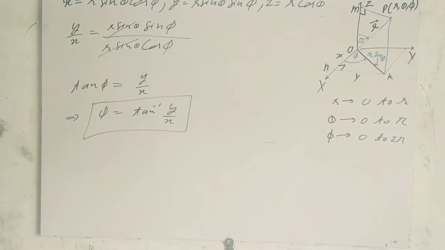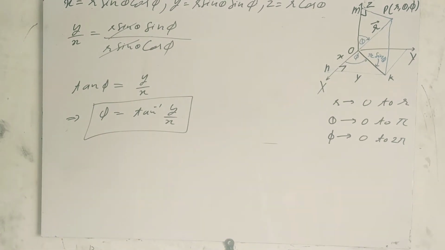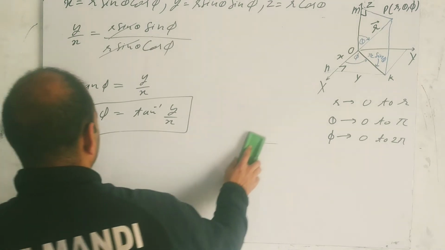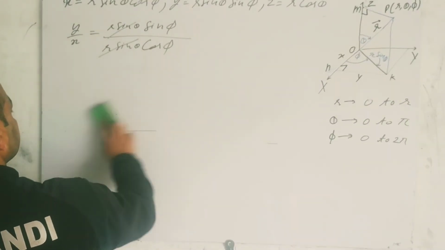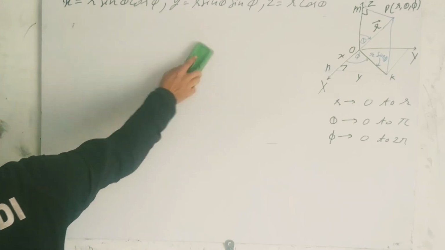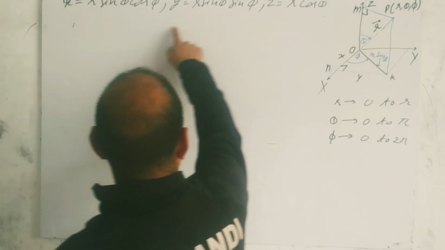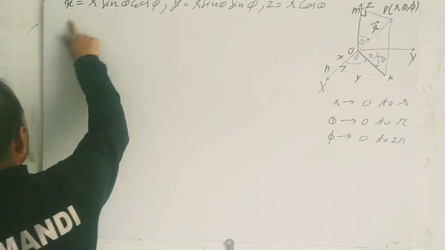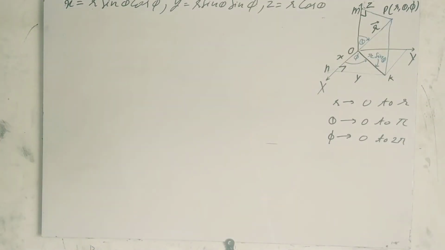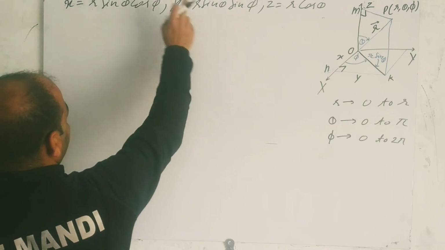So now we will find the theta component. How will we find that? We have theta in all three terms. So first we will square and add these two terms.